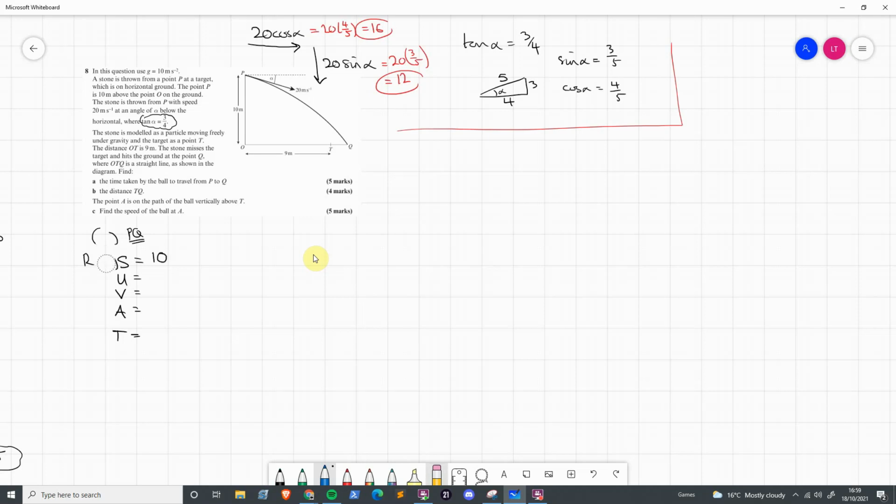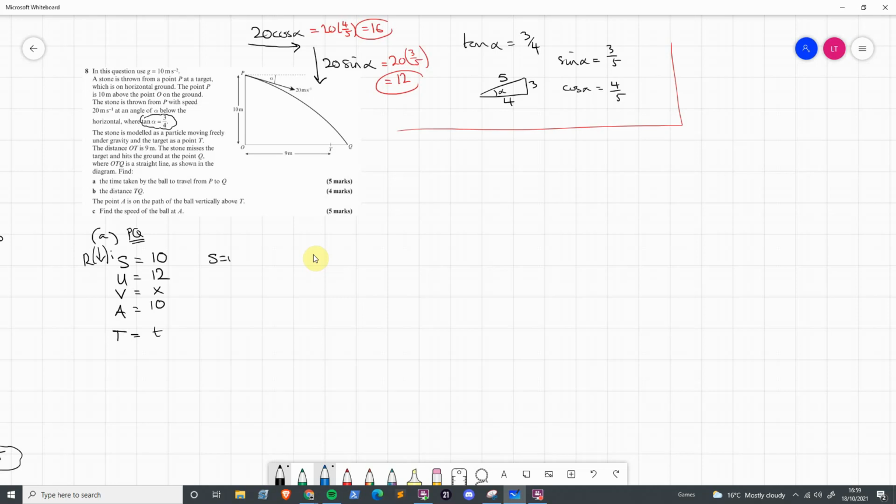My speed is positive 12, the 20 sine alpha. Gravity is positive 10, because I am resolving with positive being downwards. Gravity points downwards. And then time is what we're actually after.